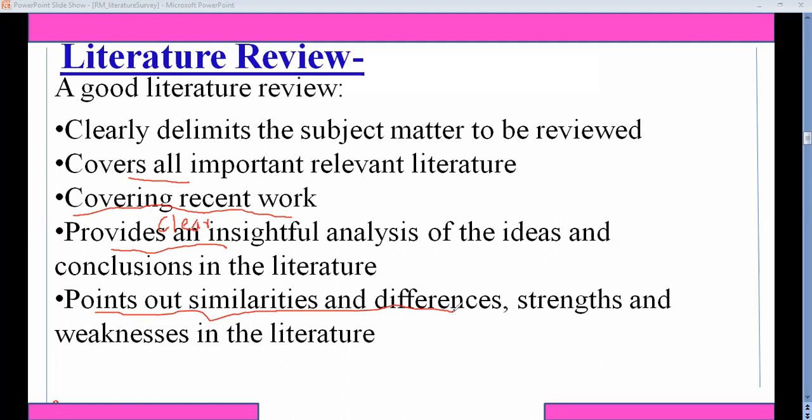Which approach is better? That thought process you have to mention in your literature survey. Please understand. You have to also find the strengths and weaknesses of each work and how related they are with respect to your literature.